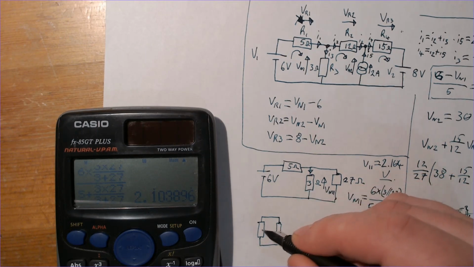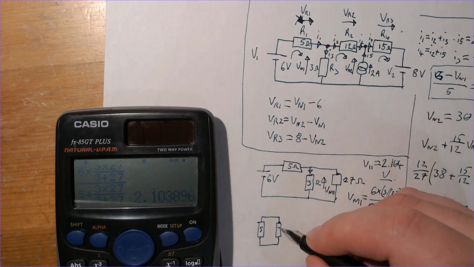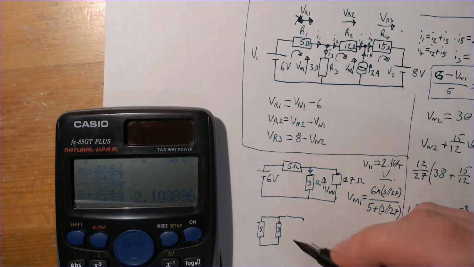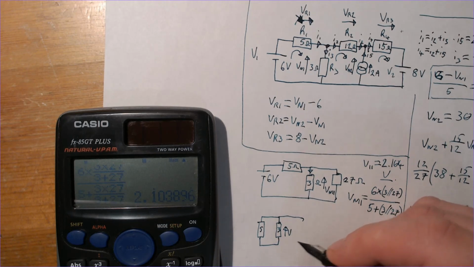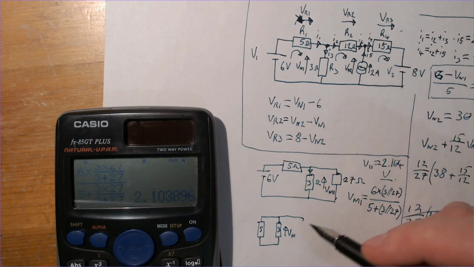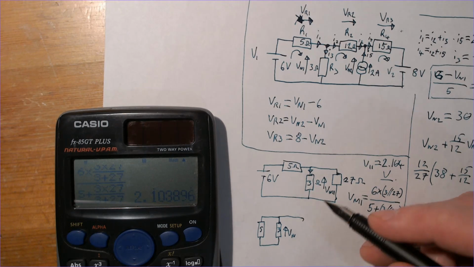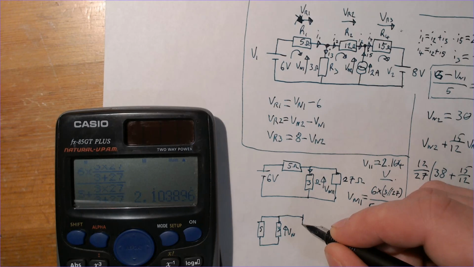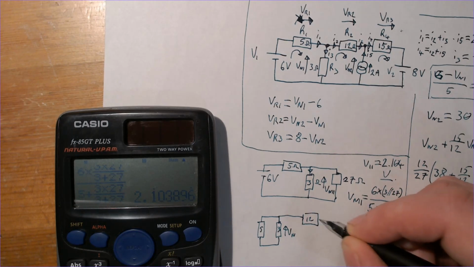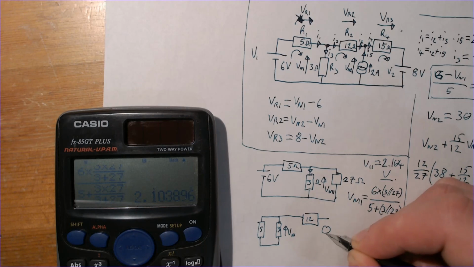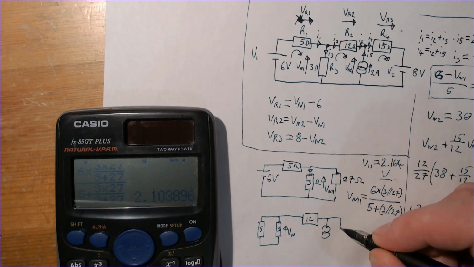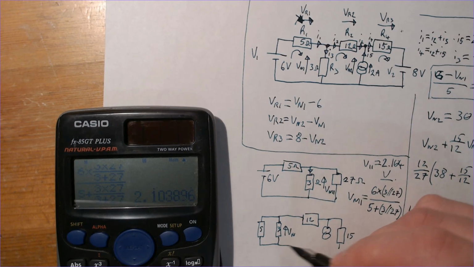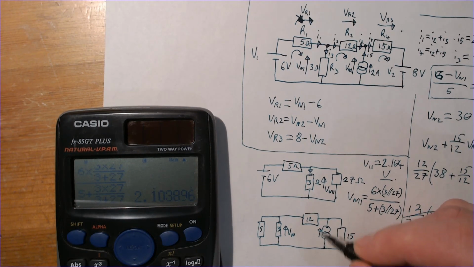So that's 5 ohms and that's 3 ohms, and we're looking at this voltage here, Vn, and that's 12 ohms there, 12 ohms, and then there's the current source, another resistor here, which is 15 ohms, and that's 2 amps.